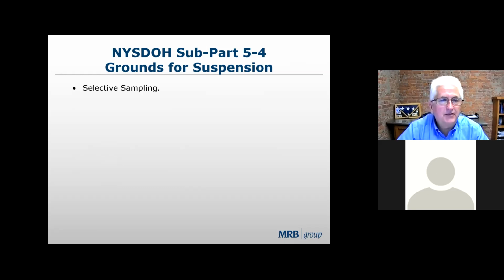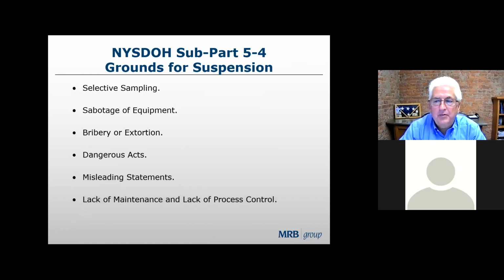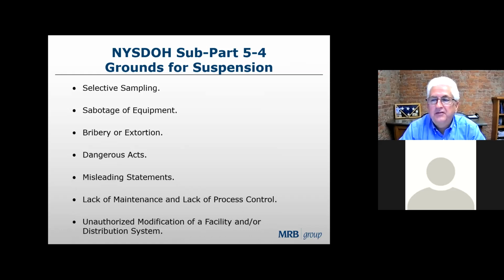So as I talk about various aspects, I'm assuming that it relates to both water and wastewater operators equally. There are 5 or 6 or 7 different items that relate to grounds for suspension, specifically outlined in subpart 5-4: selective sampling, sabotage of equipment, bribery or extortion, dangerous acts, misleading statements, lack of maintenance and process control, and unauthorized modification of a facility and/or distribution system.